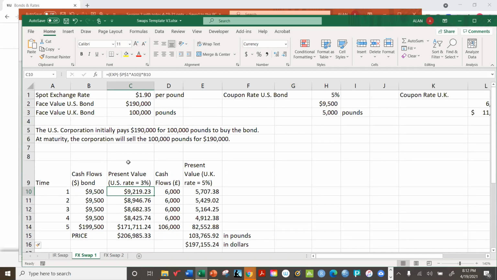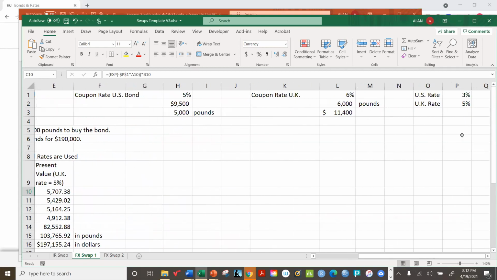So in this column, this would be the principal times e to the minus the rate. The US rate is 3%. We're assuming that the US rate is 3% in the beginning of this swap, and the UK rate is 5%.